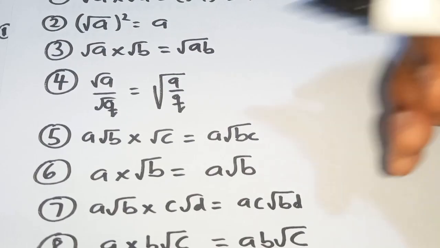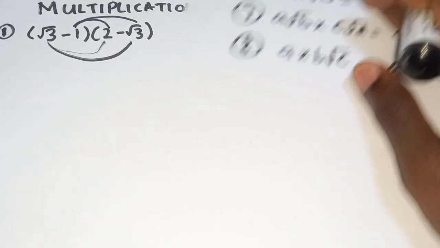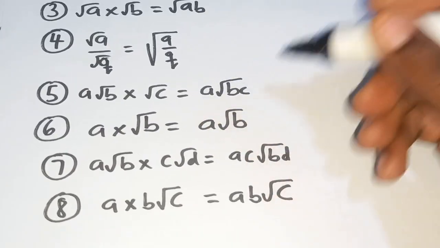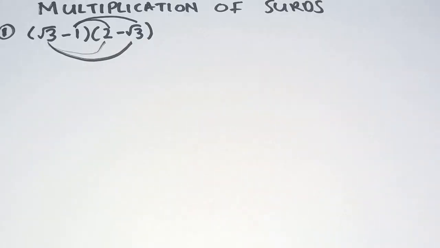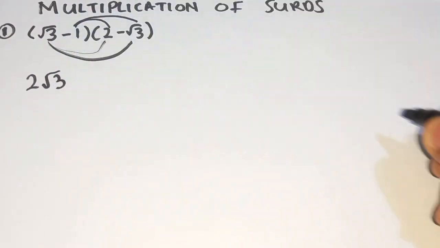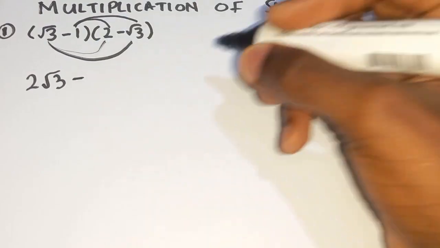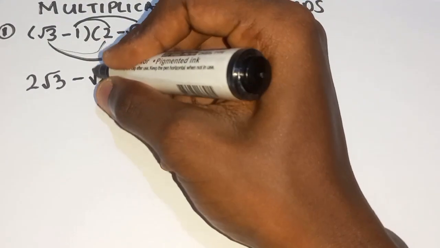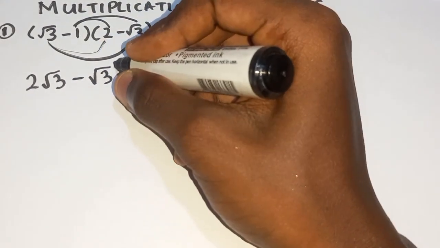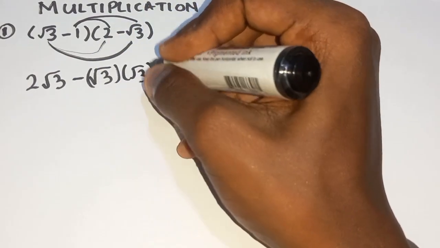We can say that equation 6 is applying over here. So then, what's the answer? A root b. So then you confirm this by writing 2 root 3. The same root 3 minus, we are multiplying, so then it will be root 3 times root 3.